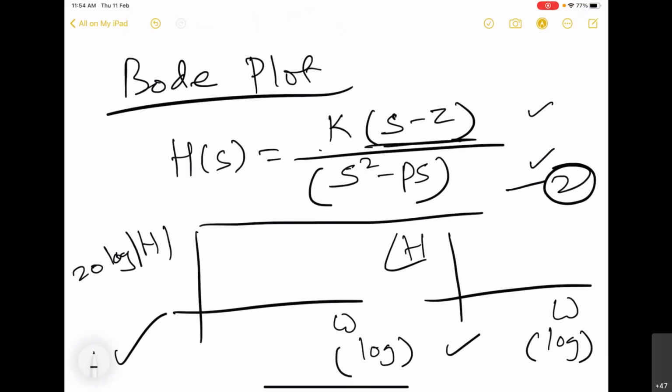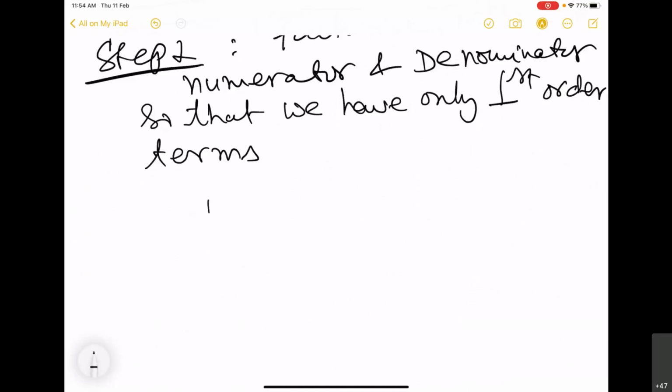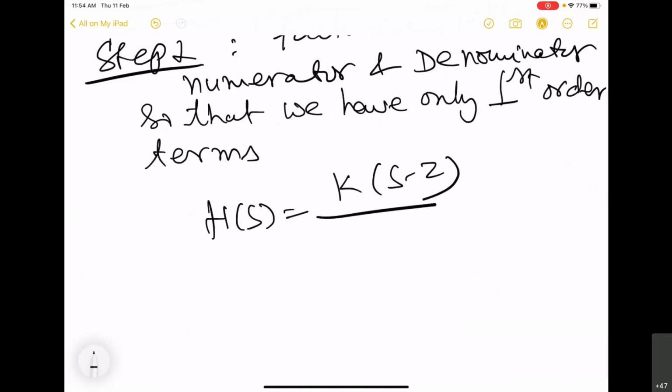This is first order, this is a constant, so this is 0th order, but the denominator is of second order, s square. So here the factorization is very trivial, and one can factorize it easily. So this will become k times s minus z divided by s into s minus p. So this is how we will have to do all the terms. They should be of first order like this or a constant.